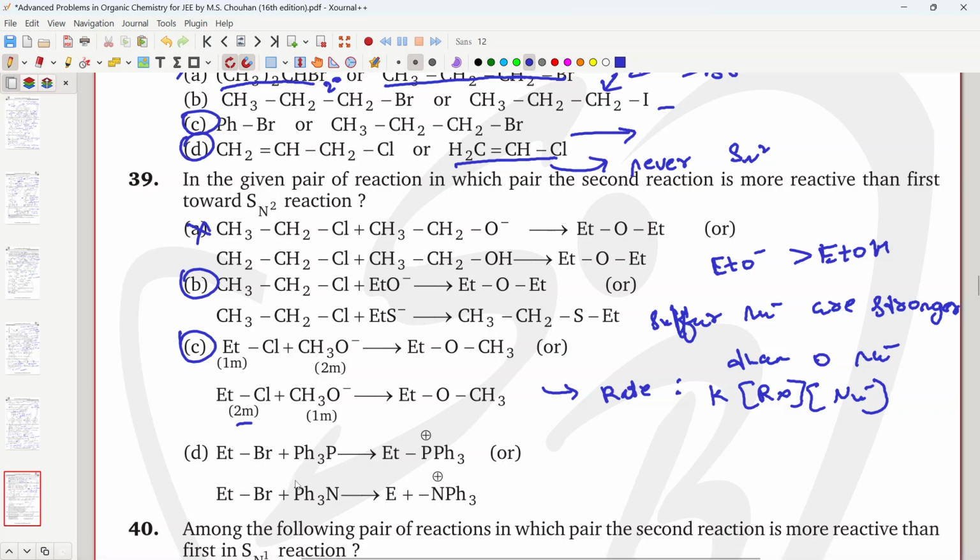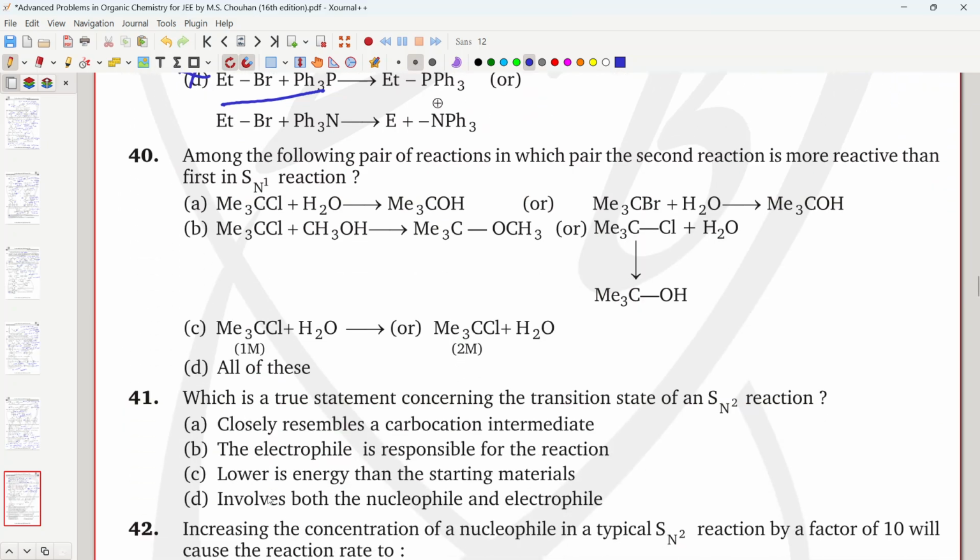Now for option D, ethyl bromide plus PH3 versus ethyl bromide plus NH3. Phosphines are much better nucleophiles than amines, but the first one is faster, so not even option D.